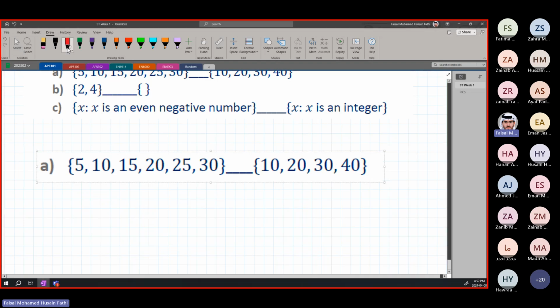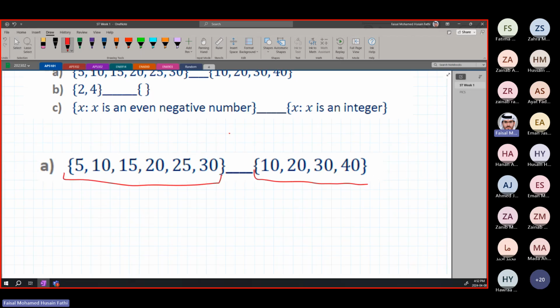It is not a subset, all right? Remember, we are looking from left to right. We are looking at this compared to this. So it is not a subset. Why is it not a subset? Very simple. There is a 5 here that isn't here. There's a 15 here that isn't there. And there's a 25 here that isn't there. This is why this is not a subset.